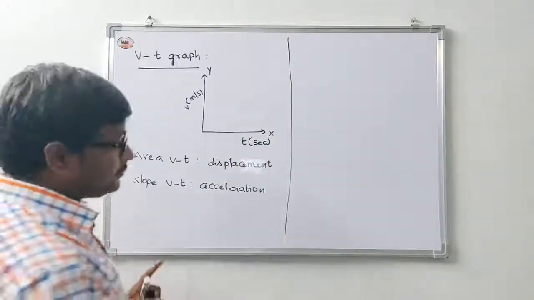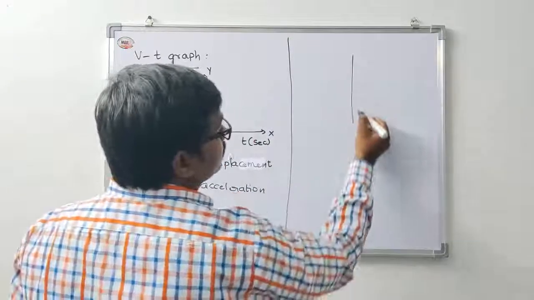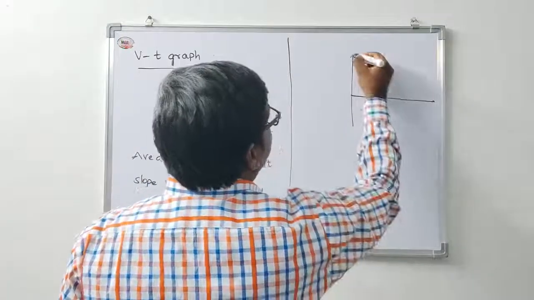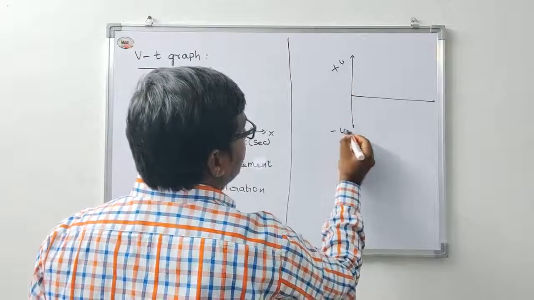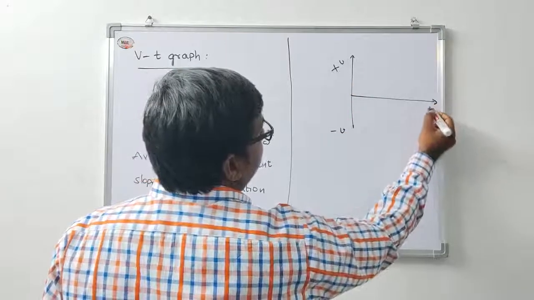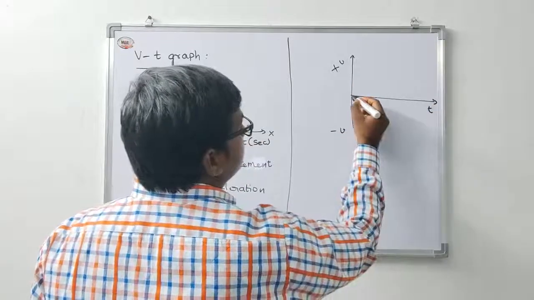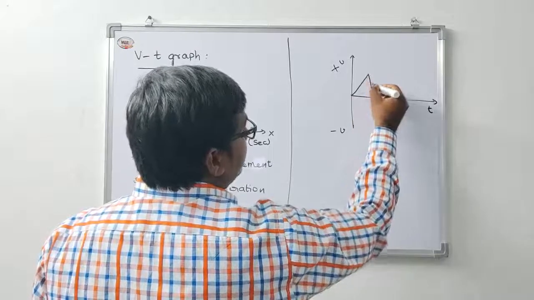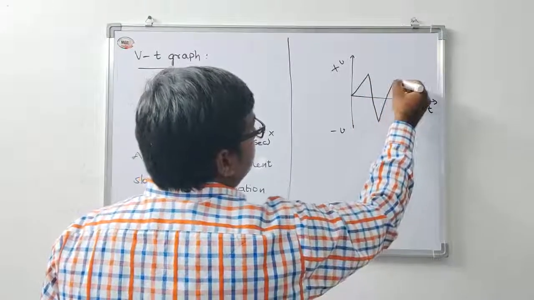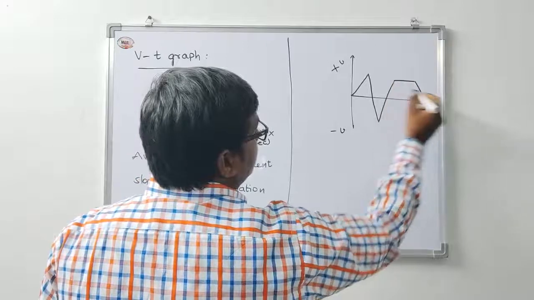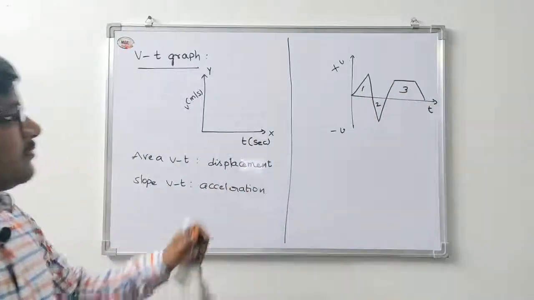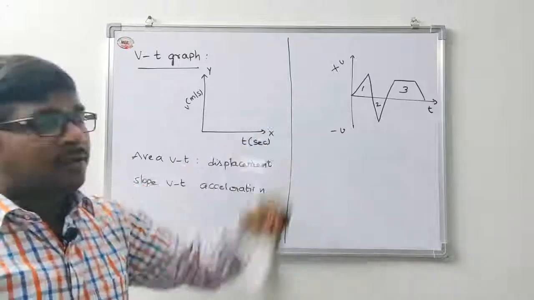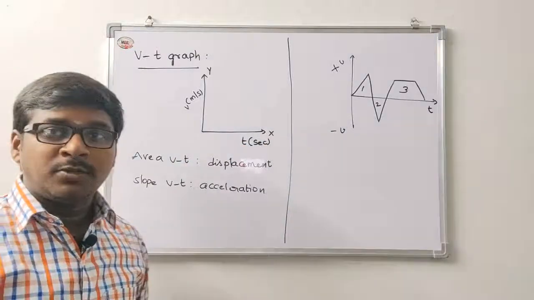For example, this is positive v, this is negative v, and this is the time taken t. So draw the triangles. This is 1, this is 2, this is 3. In this graph, find the total distance and the total displacement.